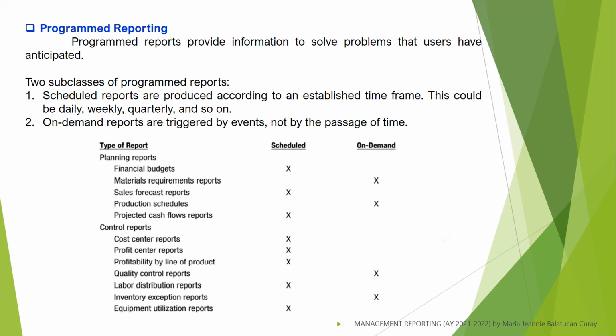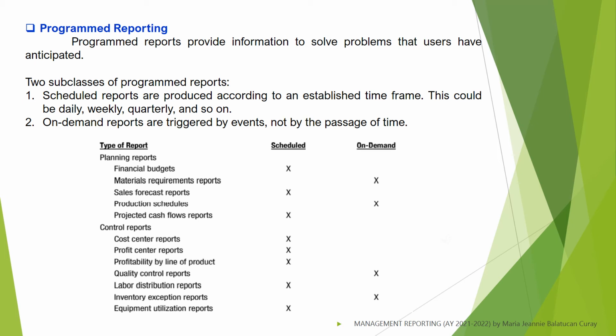For the control reports, the cost center reports, profit center reports, profitability by line of product, labor distribution reports, and equipment utilization reports are considered scheduled, while quality control reports and inventory exception reports are on demand.